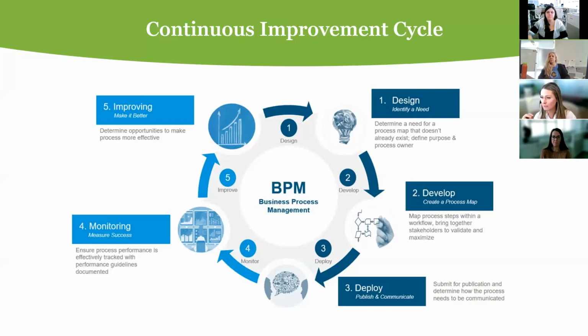Once it's deployed, once it's published, the next phase for our processes is monitoring. I'll talk a little bit more about that later in the presentation, but that's really making sure that we're able to measure the success of the process, that we have valid success measures, that we have baselines, that we have targets, that somebody's monitoring on a regular basis. And then the last phase of our continuous improvement cycle is improving.